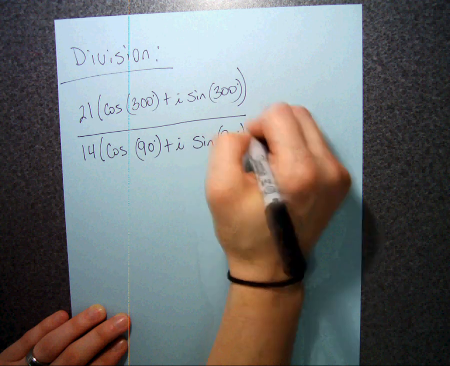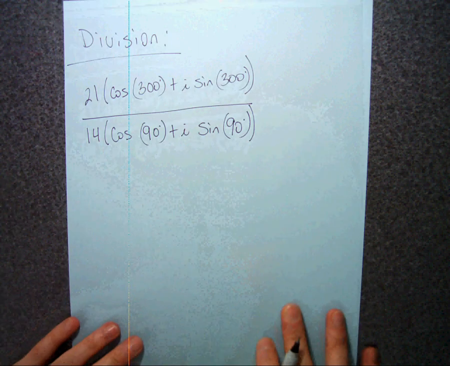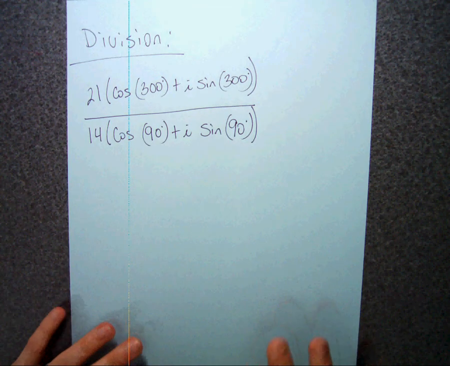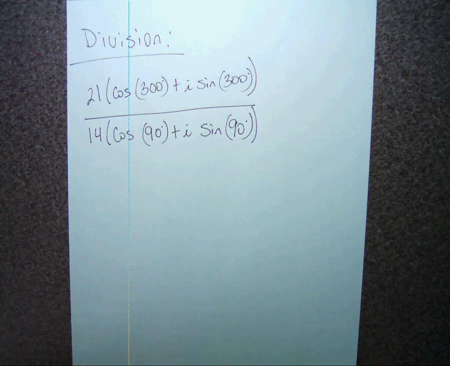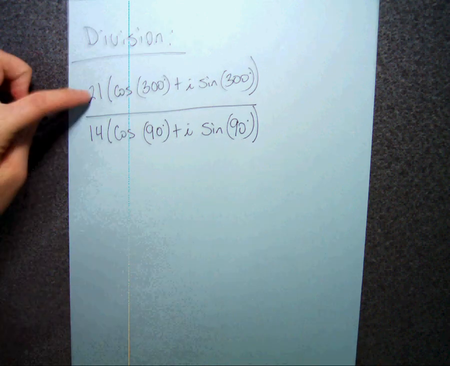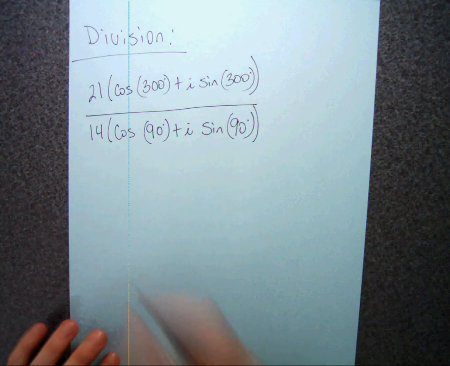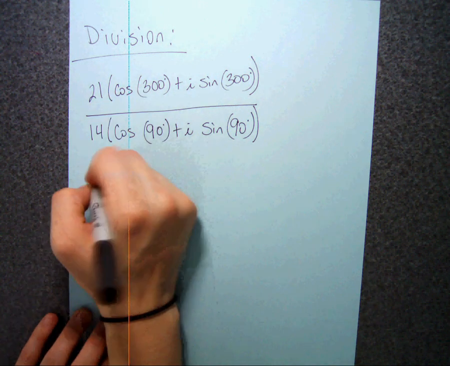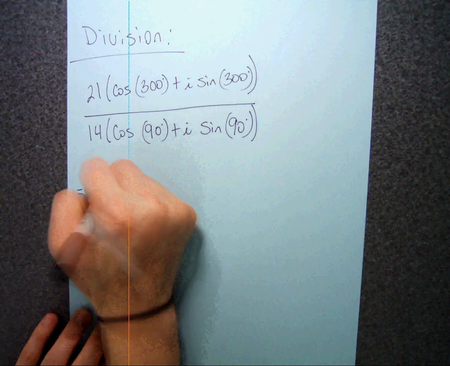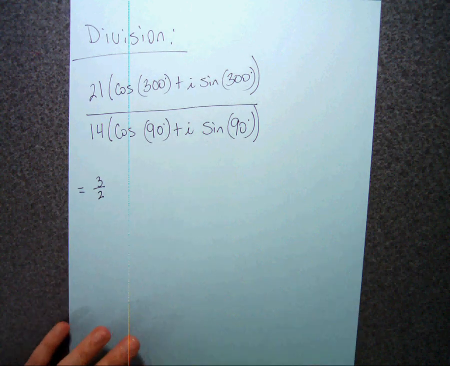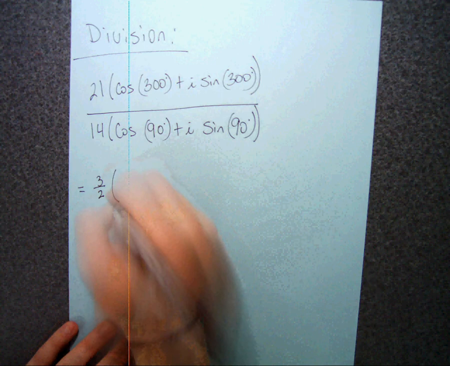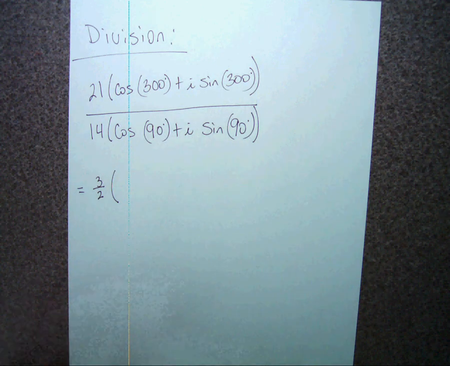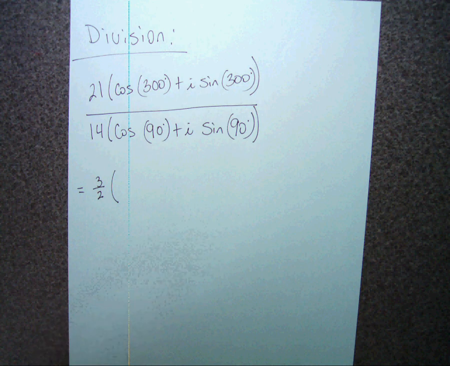So in dividing my complex numbers when they're in trig form, I just divide my r values. So in this case, I would have 21 divided by 14 is 3 over 2, or 1.5, times. Now, whenever we multiplied, we added my angles together. With division, we'll subtract the angles.